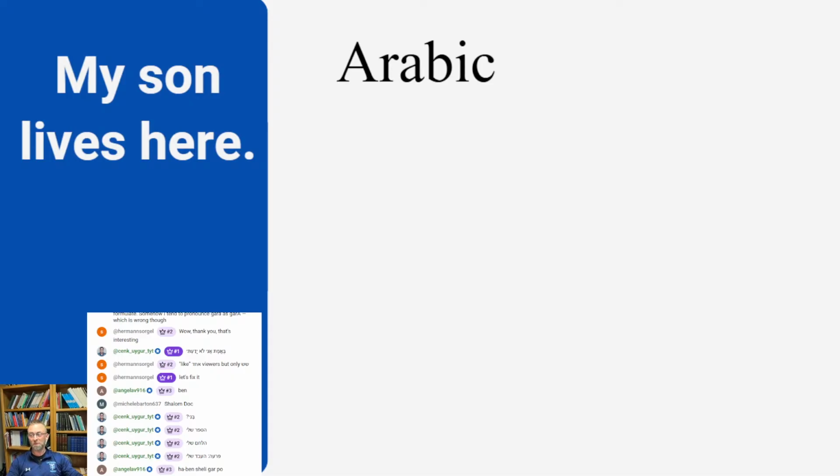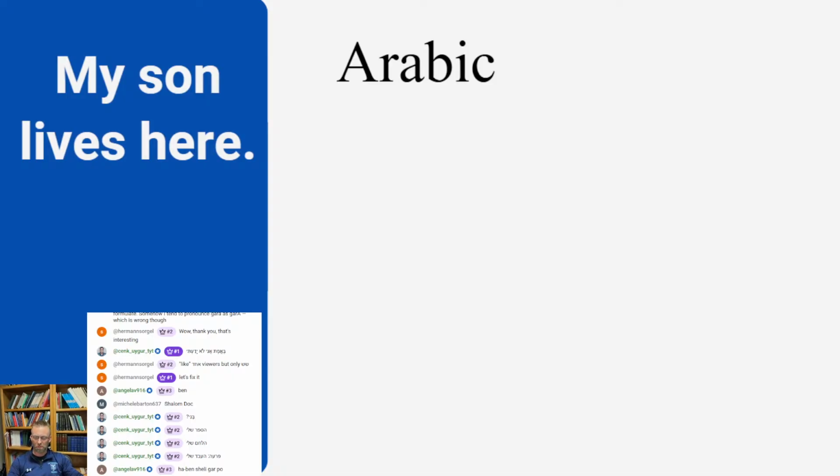All right, now, how would we say my son lives here in Arabic? Again, we're going to need the masculine singular form of the verb because the subject is son.